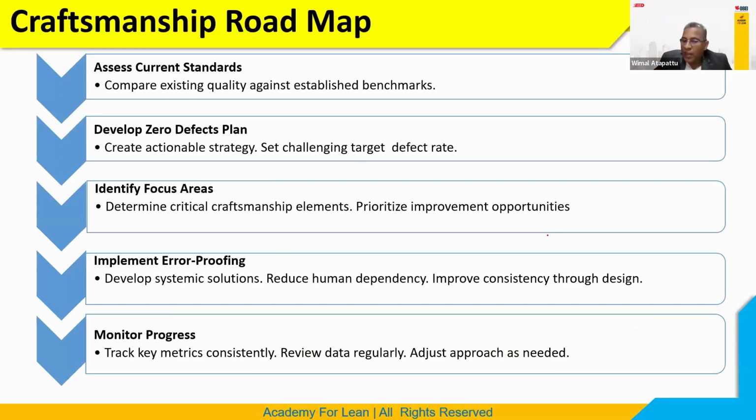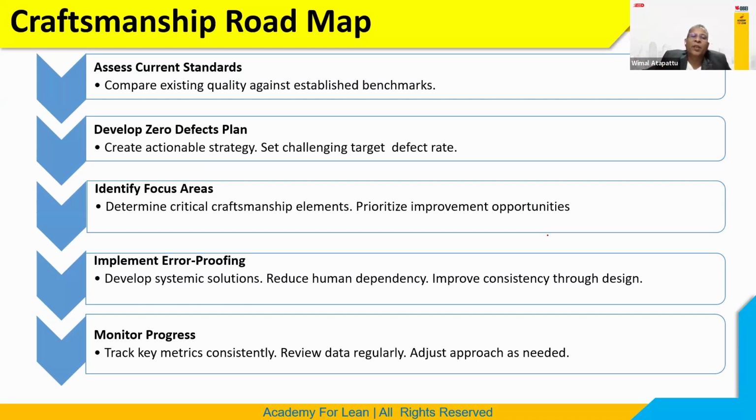We need to understand the current level. How many shipments are passing? What are the defects? How many defects are passing? Then we need a strategic plan to go to the craftsmanship level, to ensure these minor defects also we are not passing.